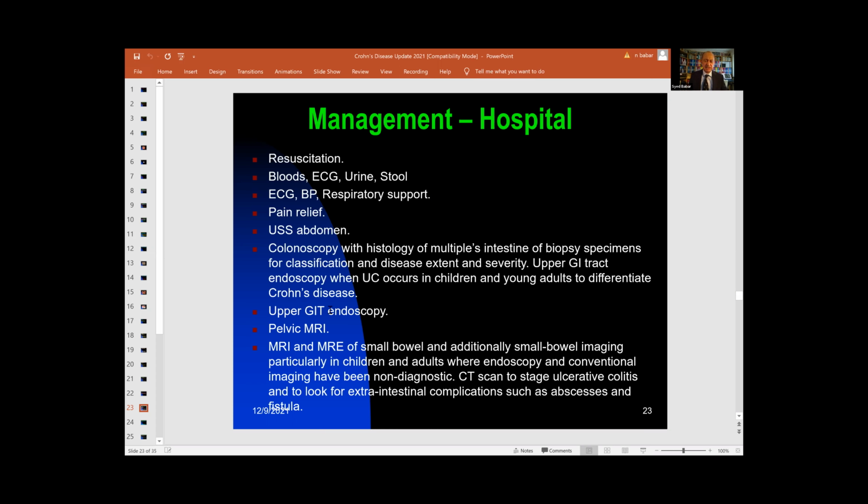In relevant cases, upper GI tract endoscopy, pelvic MRI, or CT scans can be done to delineate the pathology. And of course, on the ward, detailed assessment followed by investigations for extra-intestinal complications would need to be done.